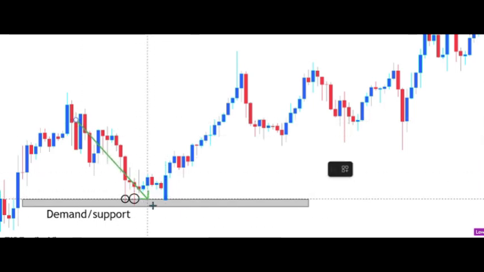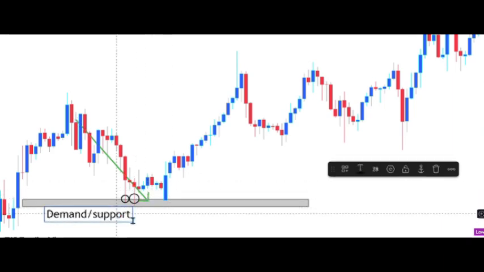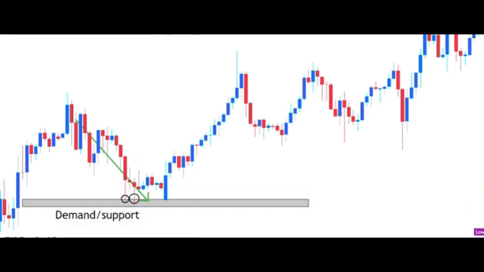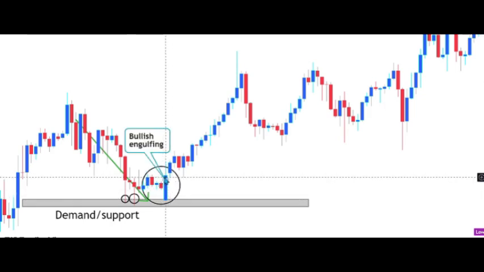So now we are anticipating to buy after the retest of this demand zone. We are looking for candlestick patterns to confirm entry, and we can see our bullish engulfing candlestick pattern right here. This engulfing blue candle covers the very first red candle.